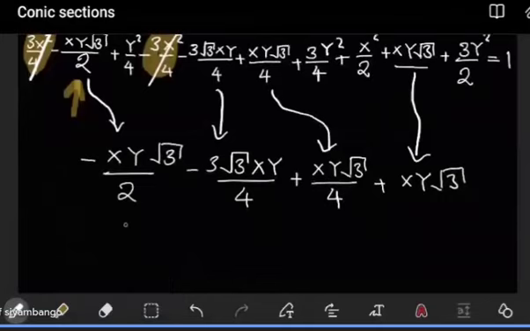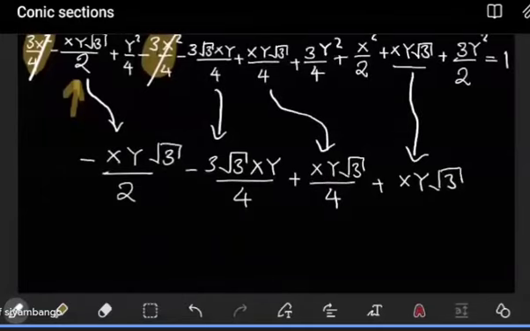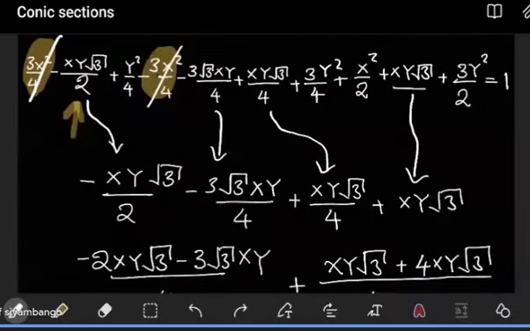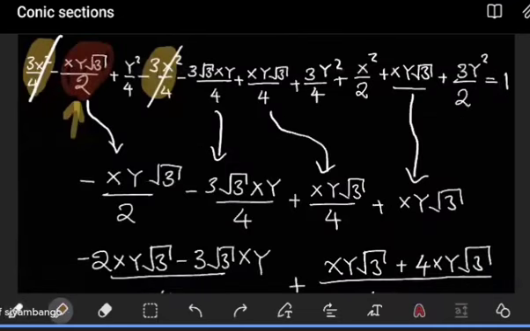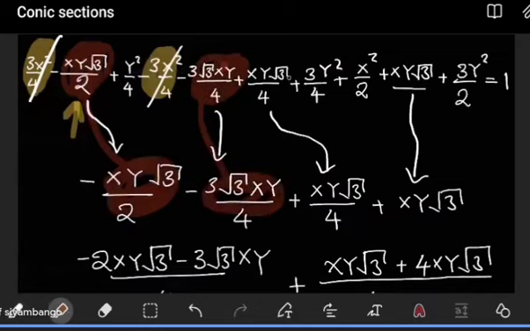Okay, let's try to combine them. So when we isolate everything that has a cross product, which is this, bring it here, and this, bring it here, and this one here.